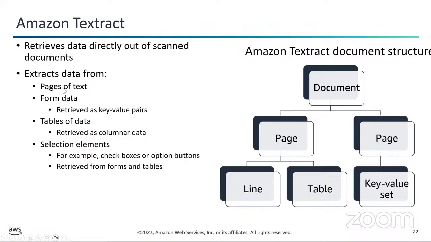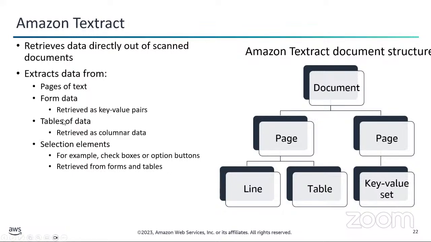It can extract data from pages of text and forms, like a doctor's office form or a survey form. From the form, it retrieves key value pairs, because a form has a question, or a key, and then it will have an answer, which is the value. That's why it's called key value sets or pairs.